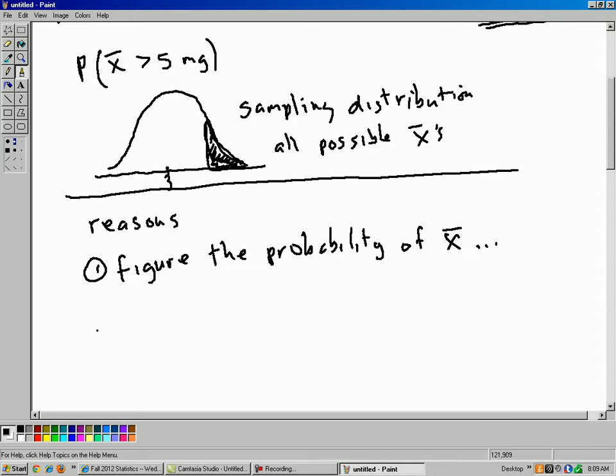Now the other reason for dealing with sampling distributions is to figure out margins of error.